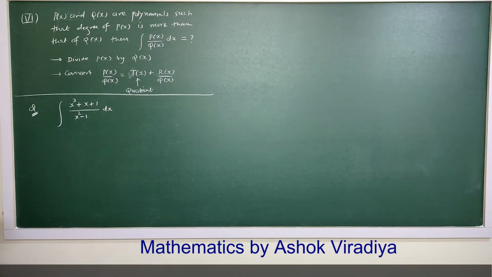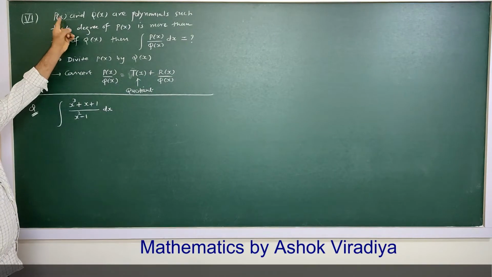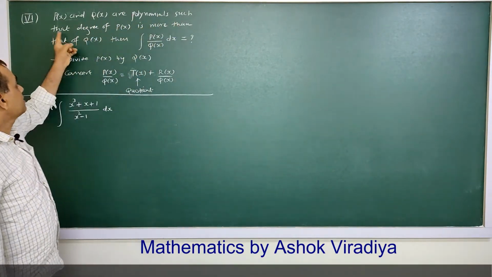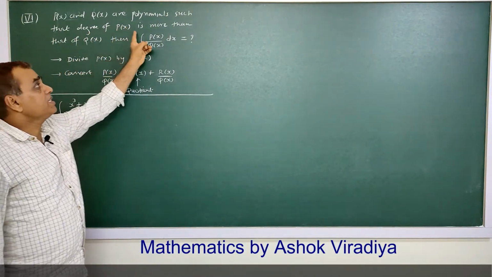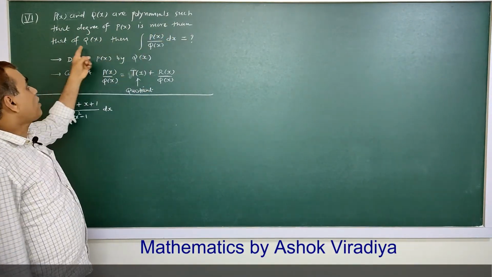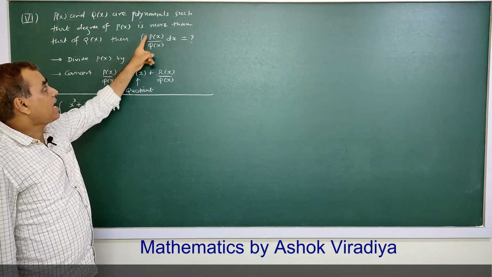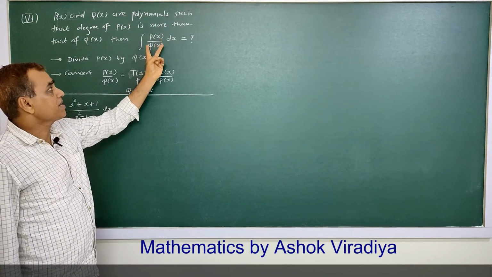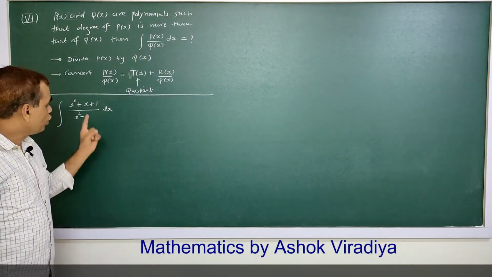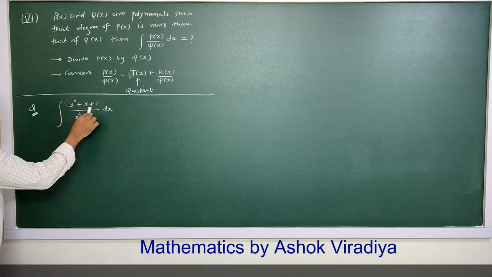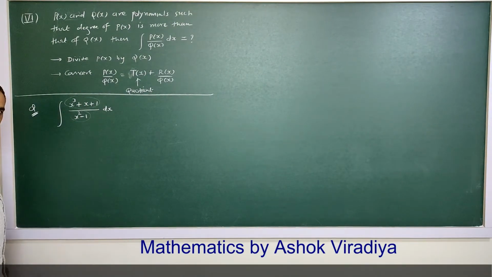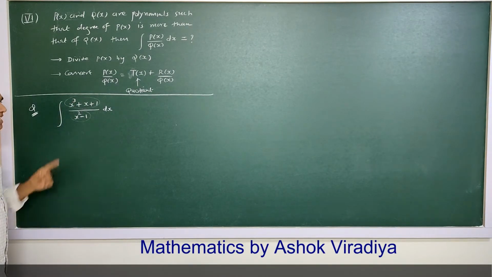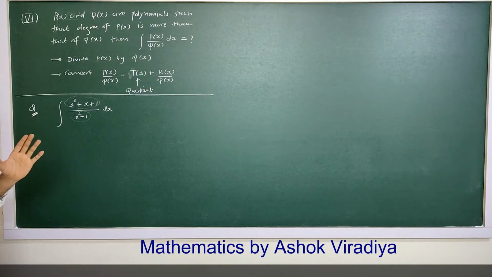Now see, px and qx are polynomials such that degree of px is more than that of qx. Then how to obtain integral of such a rational function px by qx? Look here, this is px, this is qx. Degree of px is greater, it can be greater or equal.